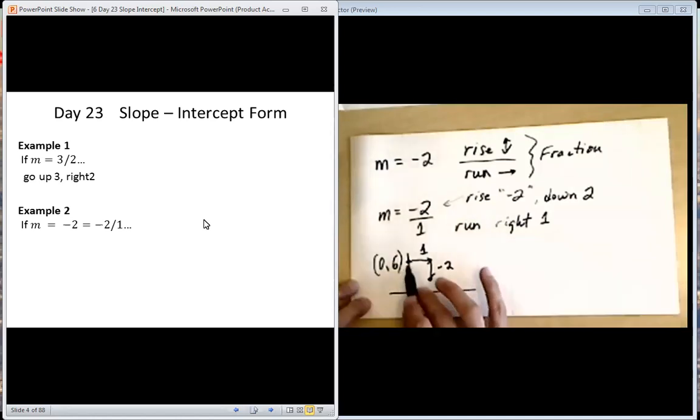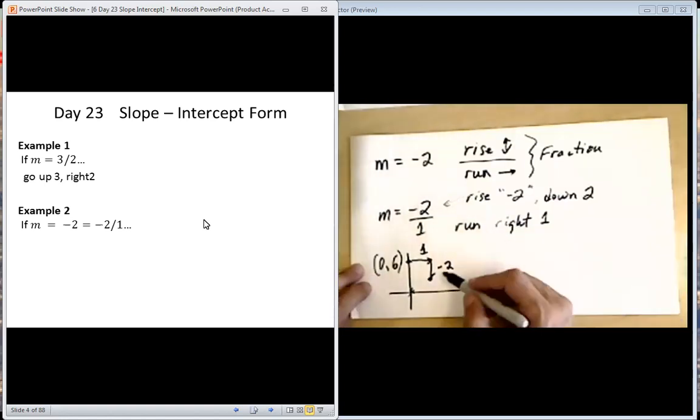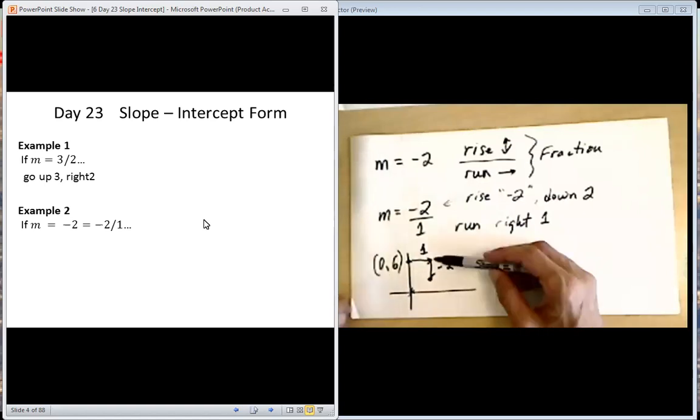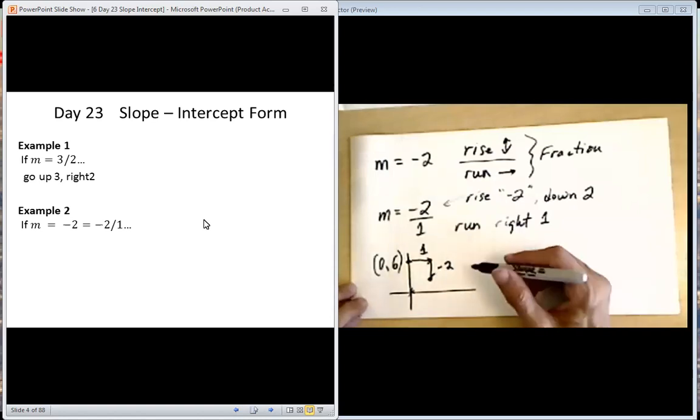Because we've gone over 1, the x value is no longer 0. What's it going to be? Just 1 now, right? And we've gone down 2 from being at 6. So what is the y value now for this? 1 will be for the x there.